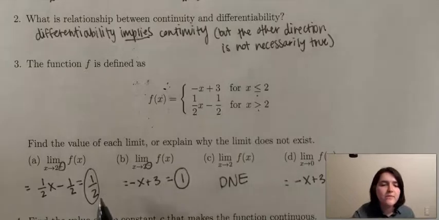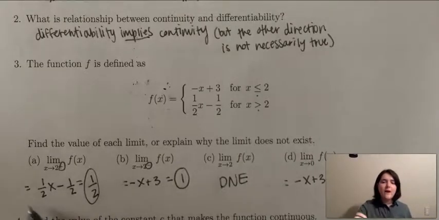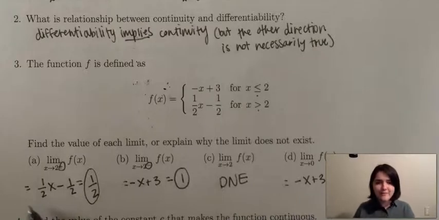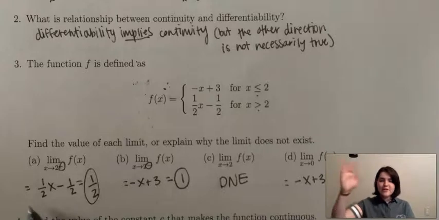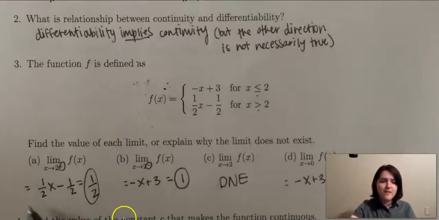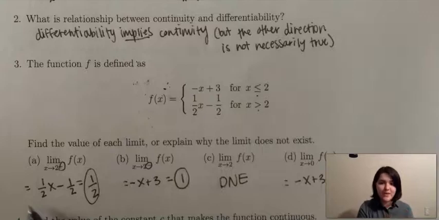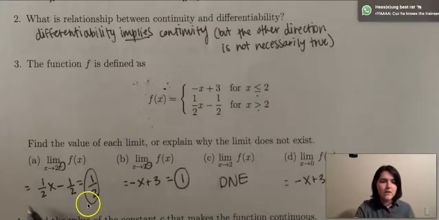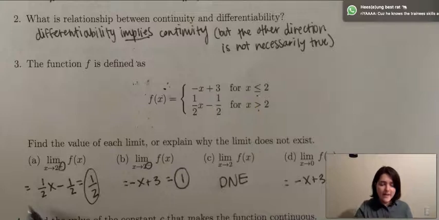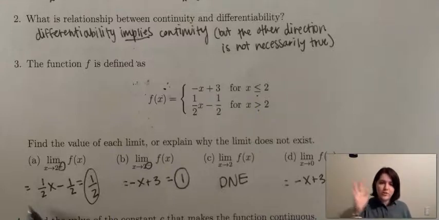Also, just to clarify, when we're talking about left and right side, just in case I haven't explained it well enough or made it easy to visualize, when we're talking about the function from the right, we're basically getting closer and closer to 2. So the point of this is that we're as close as possible to 2 as we can be without actually being 2. So here we're plugging in numbers greater than 2, and then we're getting closer and closer to 2.